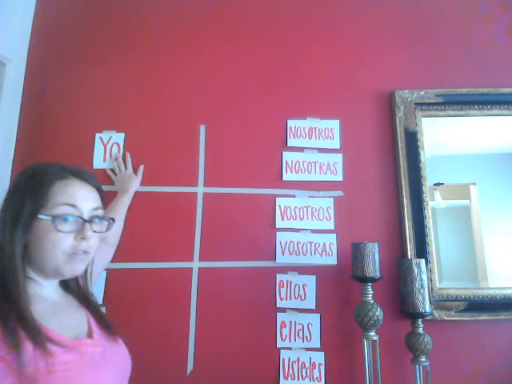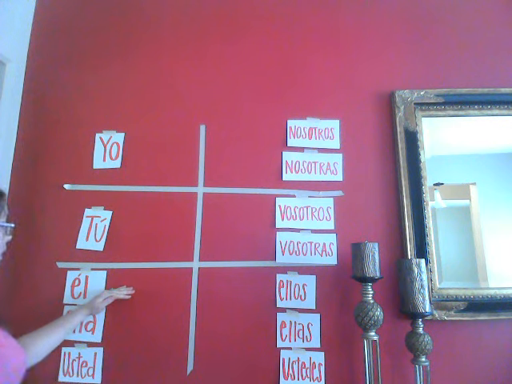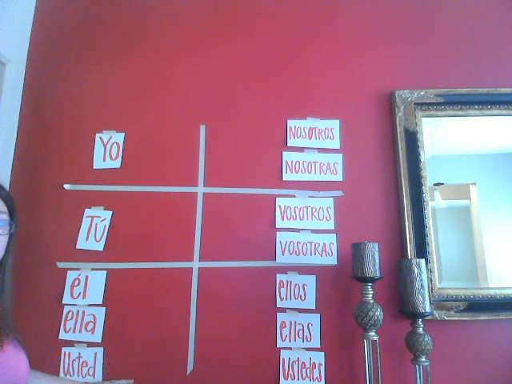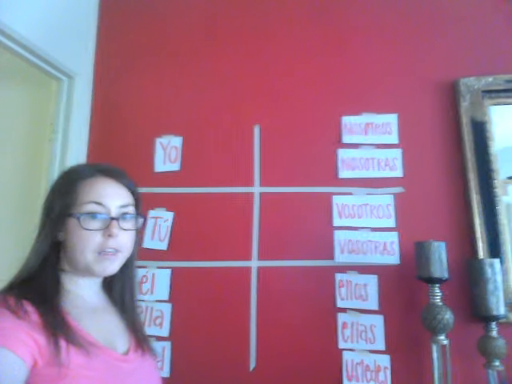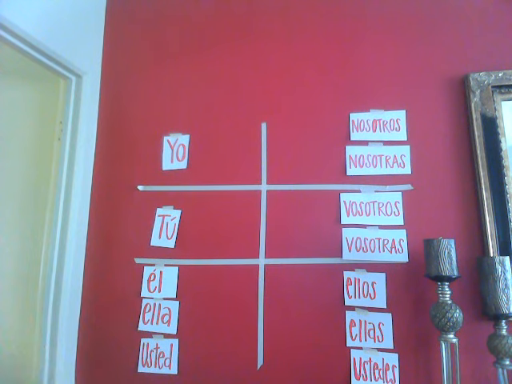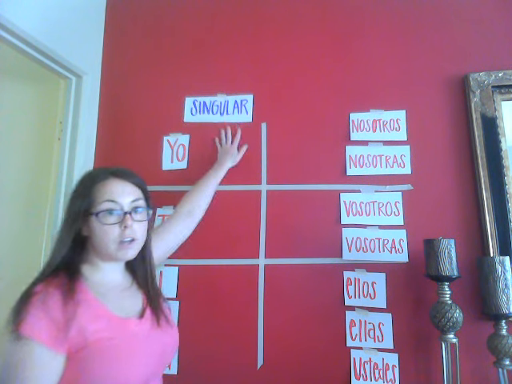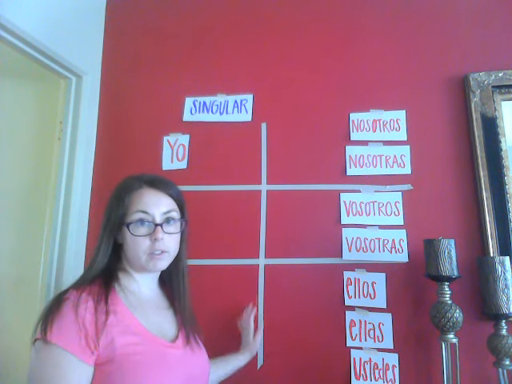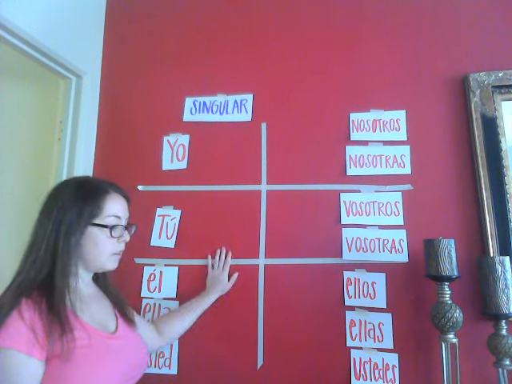Me by myself, talking to one person, or talking about he, she, or you formal. Okay, those are all things that are singular. So the left-hand side of the chart is singular, and it's always going to be forever and ever until the end of days, all right?